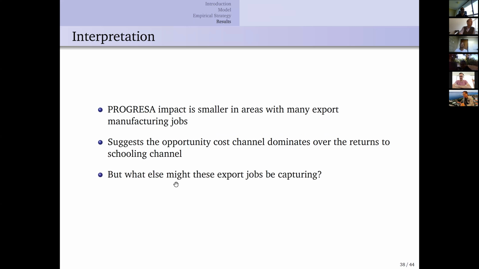But the treatment was randomized, exporting jobs are not randomized. So we really have to think about what else these export jobs might be capturing.